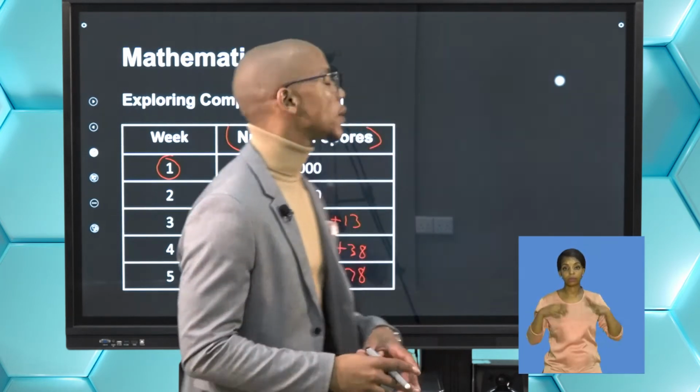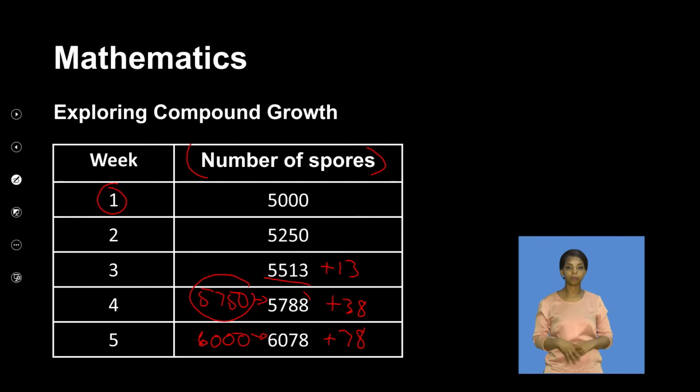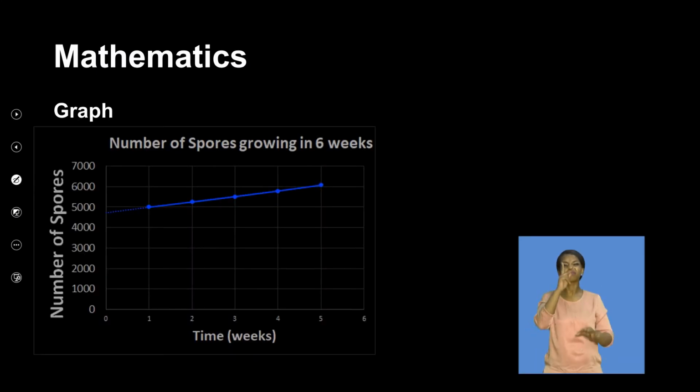But let's just plot this on a graph and see exactly how it looks. On a graph, the number of spores growing in 6 weeks. You can see that with week 1, I had 5,000. With week 2, I have 5,250. With week 3, I had 5,513.